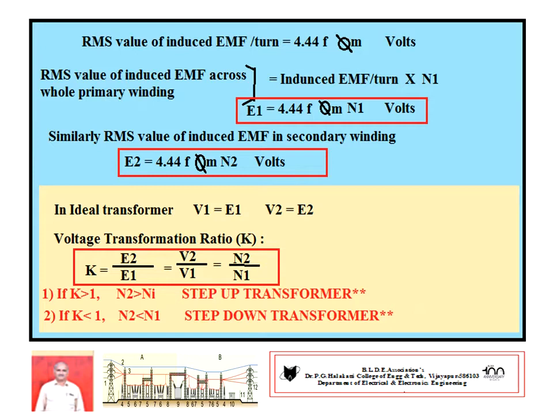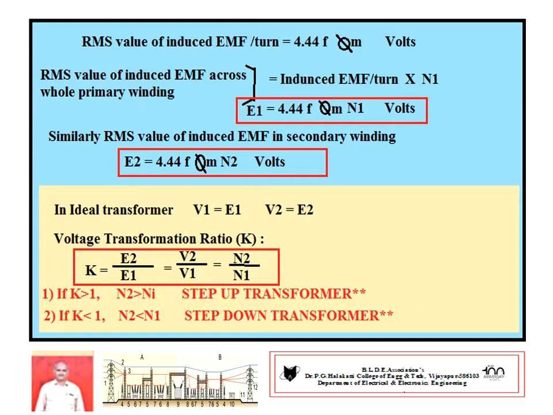Therefore, RMS value of EMF across the whole primary winding means EMF per turn into number of turns in primary winding. So the above equation is multiplied by N1, and it becomes the total RMS value of induced EMF across the whole primary winding.